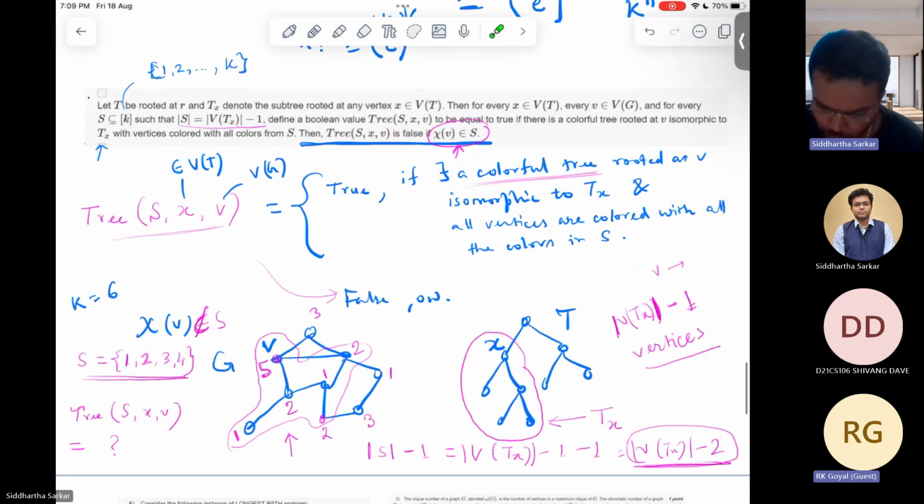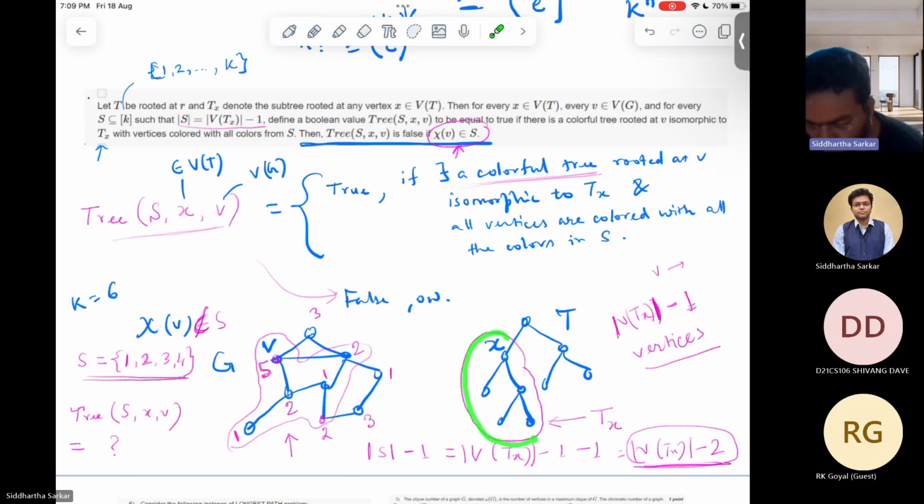Here we are saying that you have T, but for every vertex in T, you are going to define T sub that vertex as the subtree rooted at that vertex. So for every x, you have a T sub x, which is the subtree rooted at x. Now, the number of vertices in that subtree for a given x is known to you.